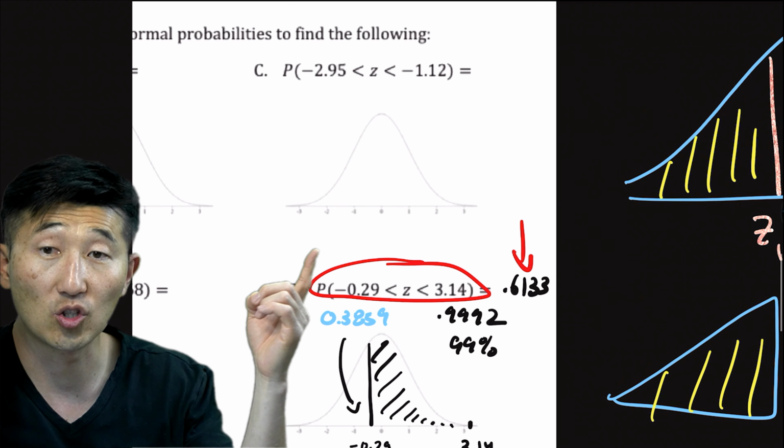Negative 1.12. I got 0.1298. Yeah, 0.1298. Very good.